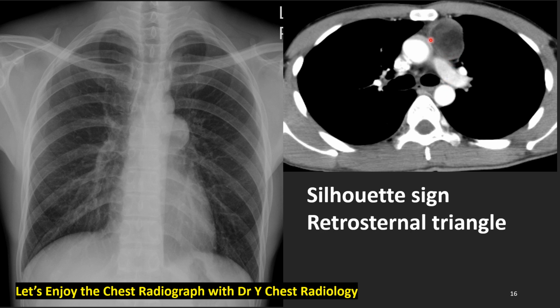Yes, anterior location. Retrosternal triangle. This low density was negative density. That means this is fat density. What is your diagnosis? Yes, you are correct.